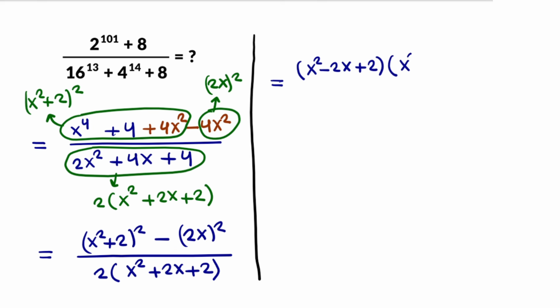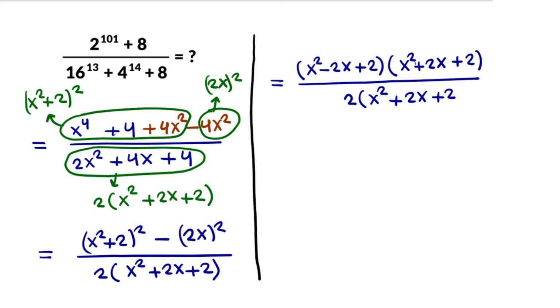The second is x squared plus 2x plus 2. And the denominator is 2 times the group x squared plus 2x plus 2. Look at that! We have an exact match. That entire second group in our numerator cancels out perfectly with the group in our denominator. All we are left with is x squared minus 2x plus 2, all divided by 2.